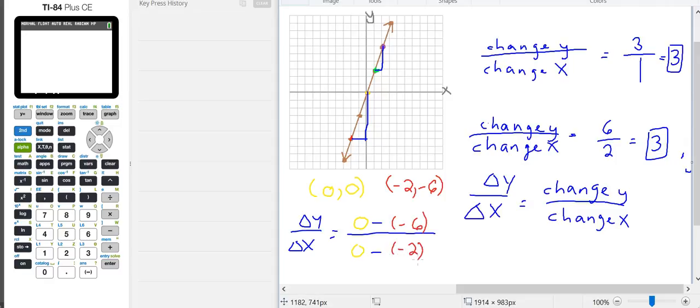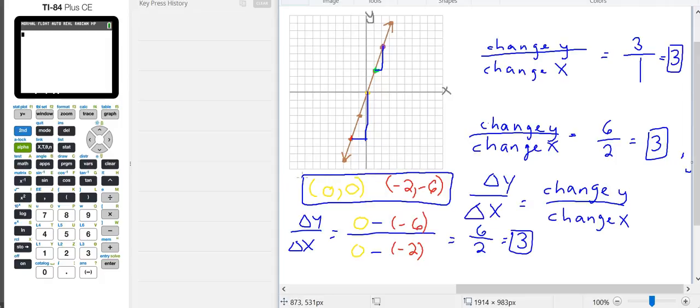And let's see what we get. 0 minus -6 is 0 plus 6, which is just 6. 0 minus -2 is 0 plus 2, which is 2. 6 over 2 is 3, and we use these 2 points, without looking at the graph, to tell us what the slope of the line is.